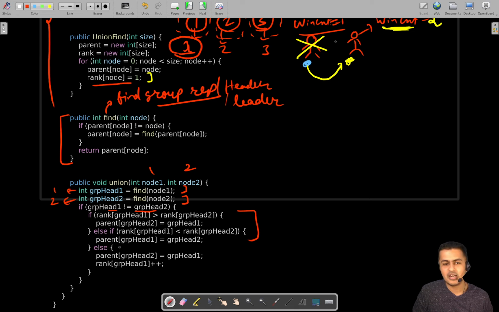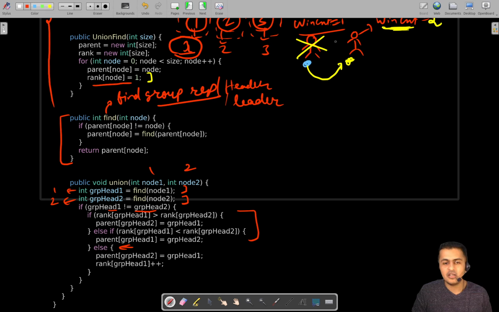If the ranks differ, the one with the lower rank will surrender to the one with the higher rank. But if the ranks are the same, then there will be a fight, and you can by default increase the rank of either contender, saying that this one will emerge as the group head.